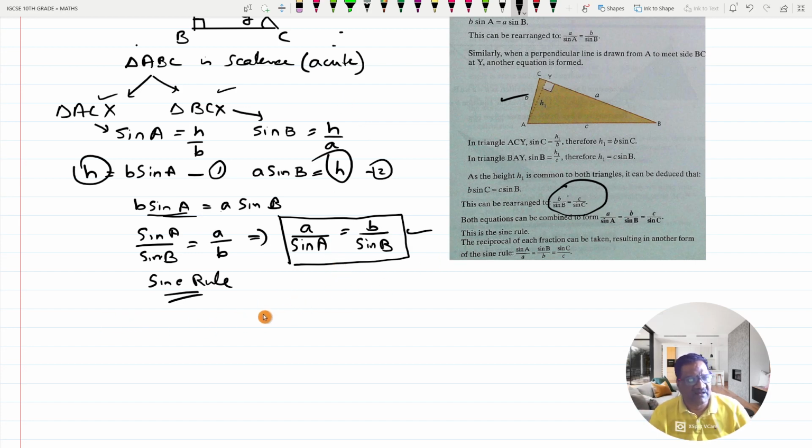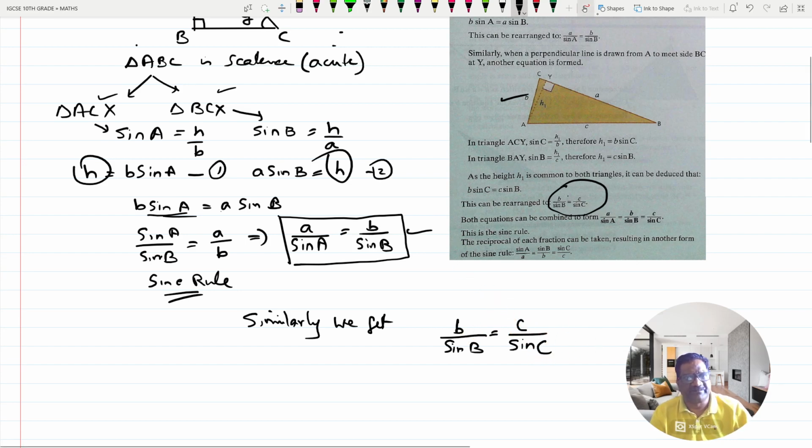And using this altitude drawn on BC, you will get, so I'll write here, similarly, we can get this particular expression, that is b upon sine B equal to c upon sine C. Now this small a, b, c are nothing but the sides of this triangle, and capital A, B, and C are the angles of this triangle.